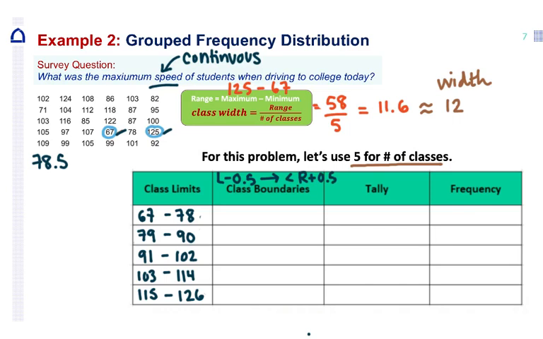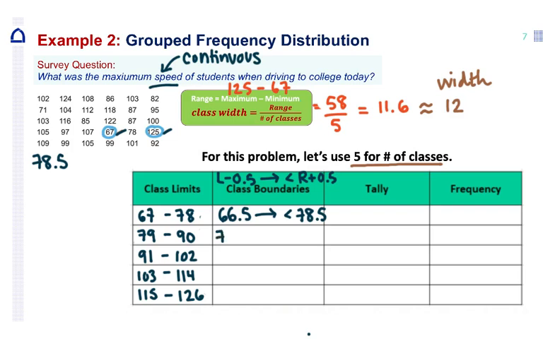So for example, the boundaries in this case would be we will take any speed from 66.5 all the way up to and less than 78.5. So if someone went a speed 78.499999, that would still go in the first row.